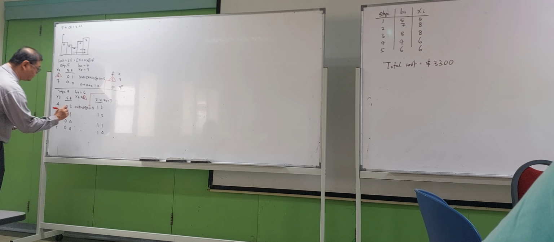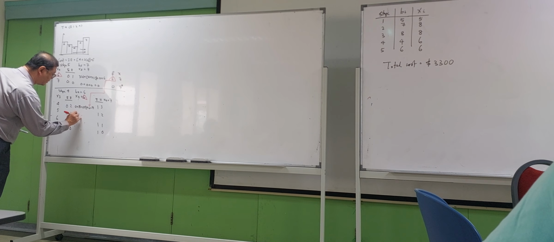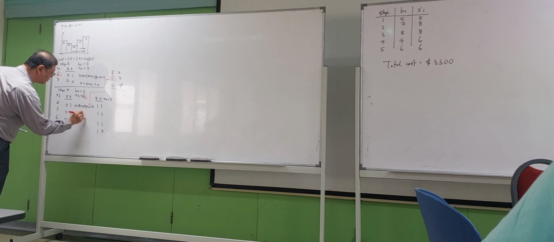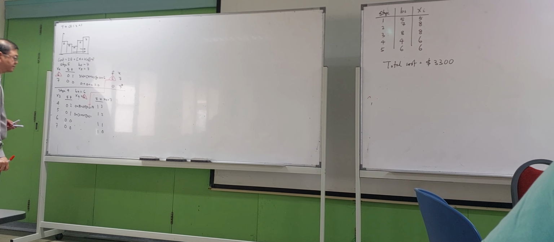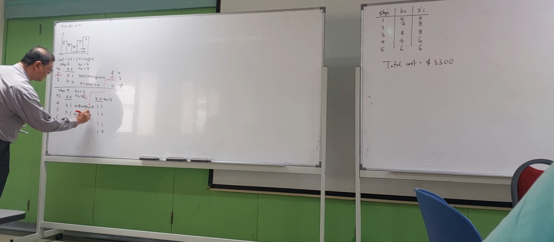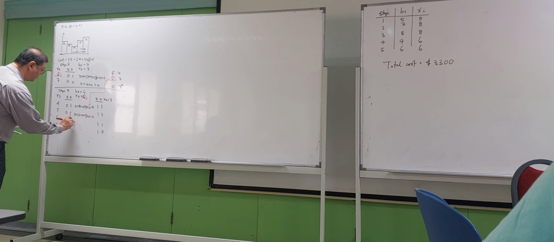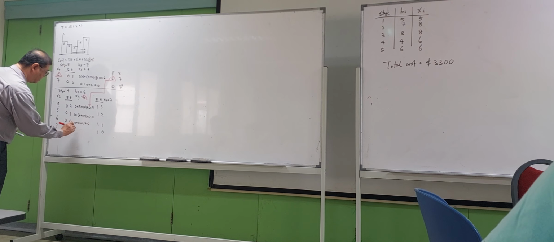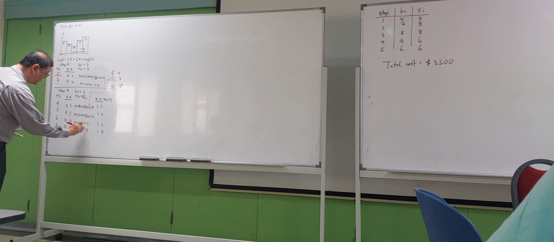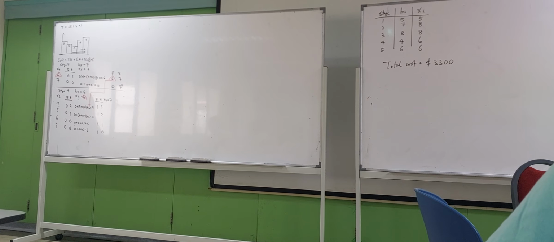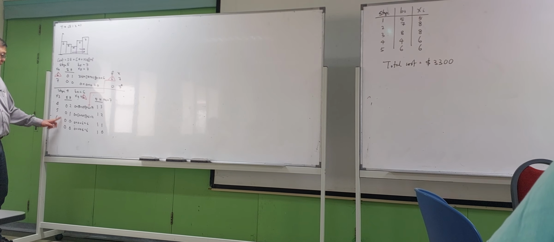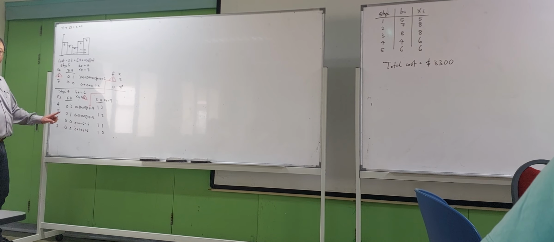Okay. 0 plus 4 plus 2. When this one equal to 0, so 3 equal to 0.